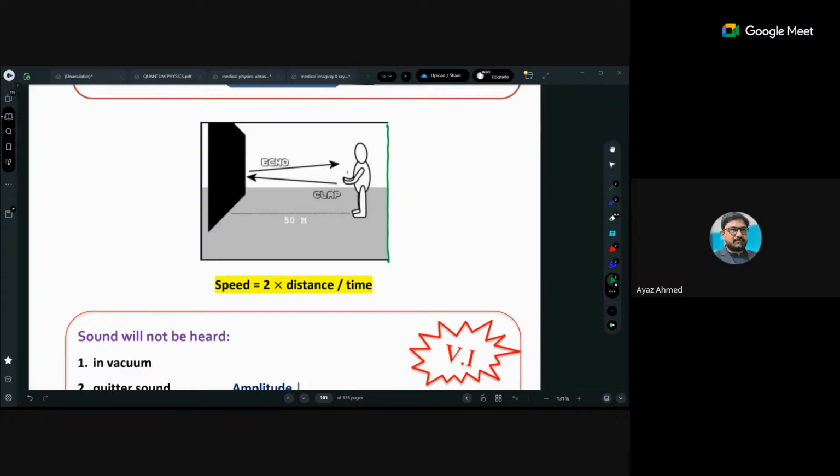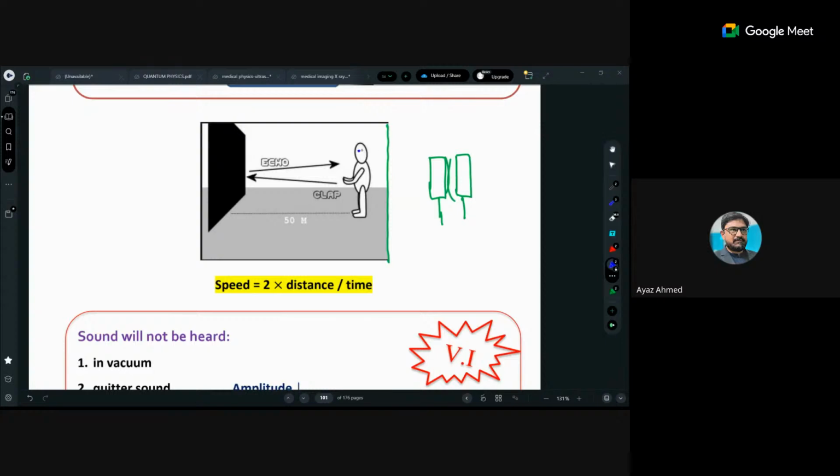We produce the sound by either a clap, or we produce the bang of two wooden blocks we usually have in labs. We just collide those, and there must be two students actually.